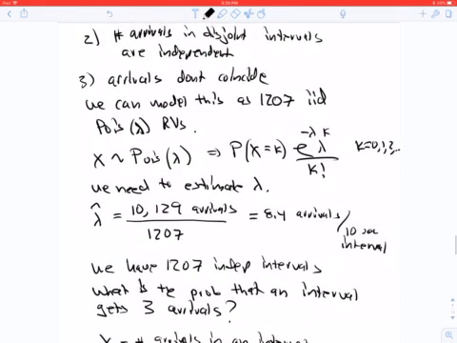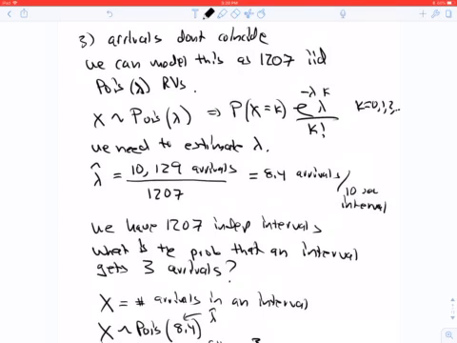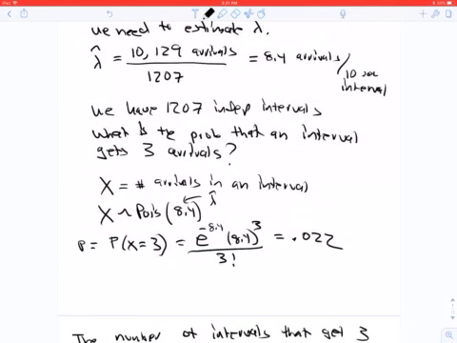And our candidate for the estimate for lambda is going to be the total number of arrivals over the total number of intervals, which is 8.4 arrivals per 10-second interval. So that is 8.4. Okay, so we have our distribution for x now, and we can figure out expected values.